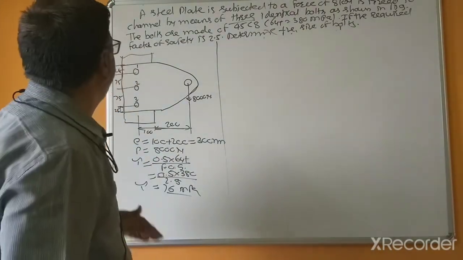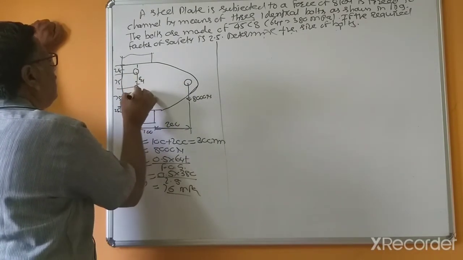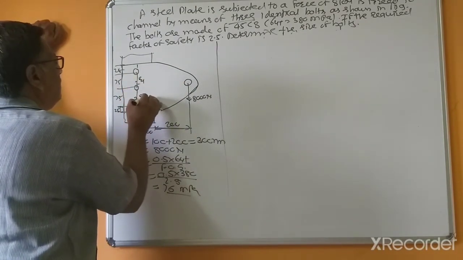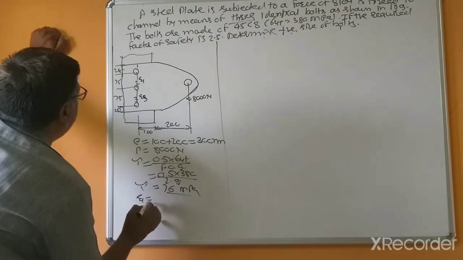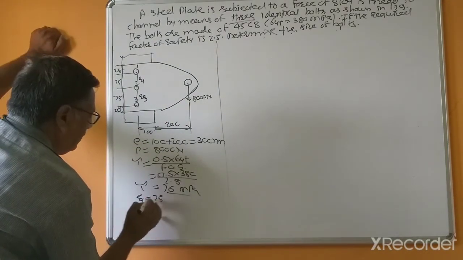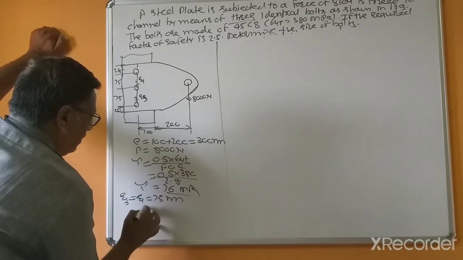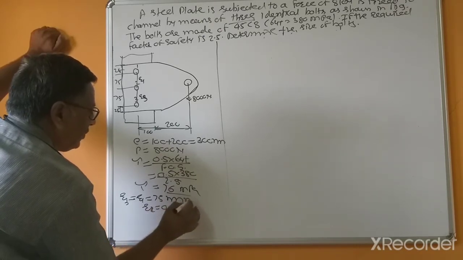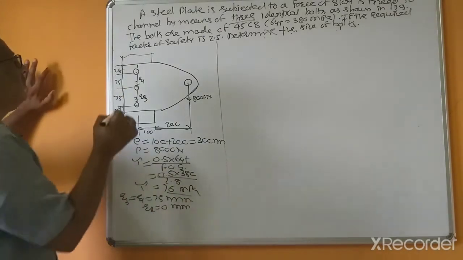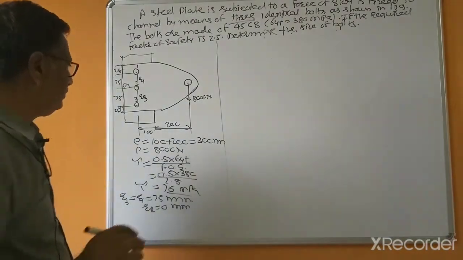Now this distance is R1 and this distance is R3. So R1 equals 75, R3 equals 75 mm, and R2 equals 0. Why this is? Because the center of gravity is located at bolt number 2.